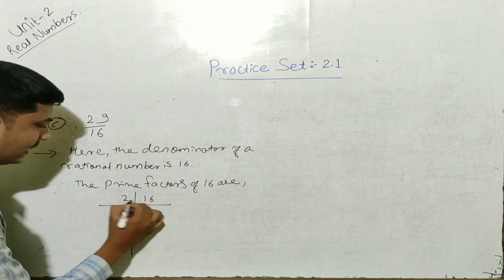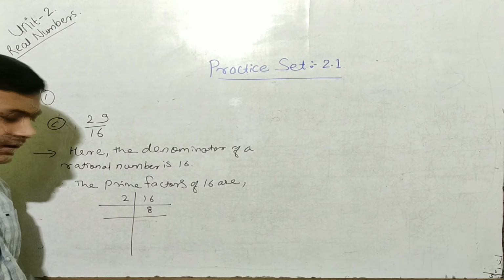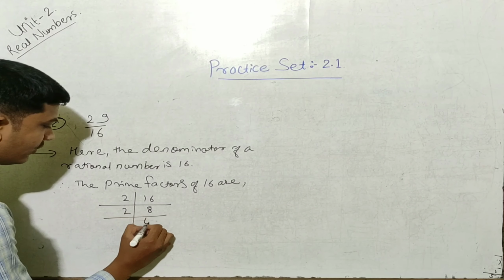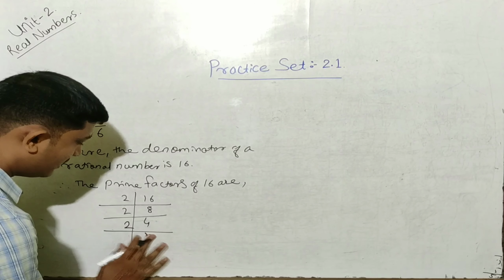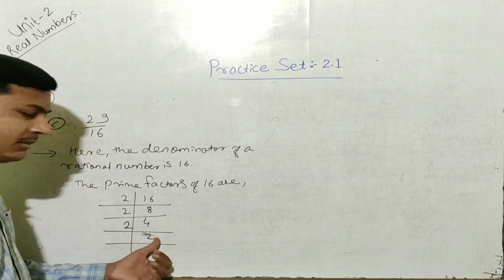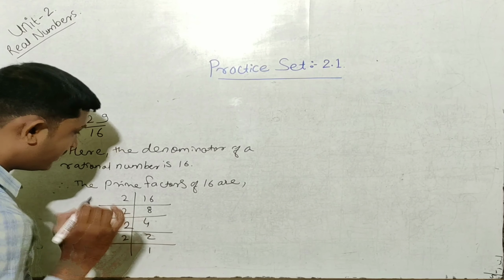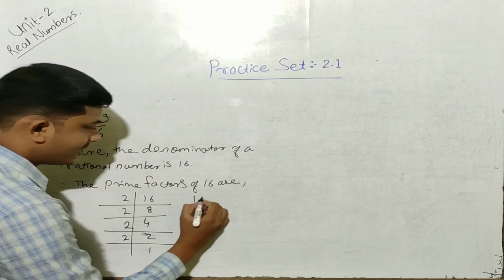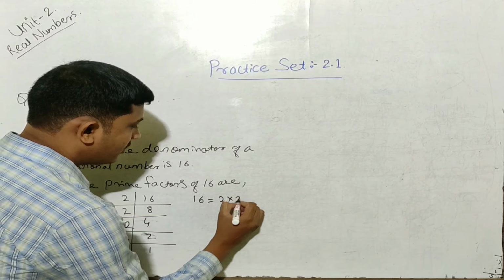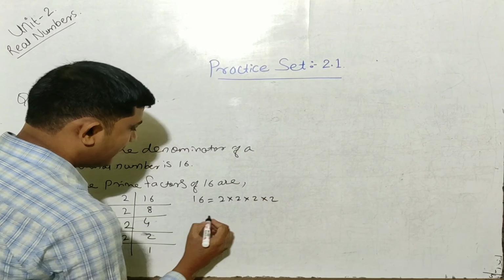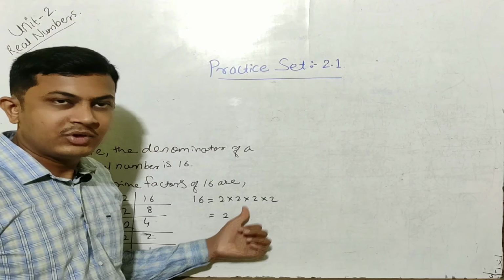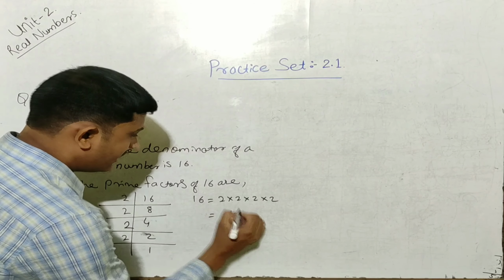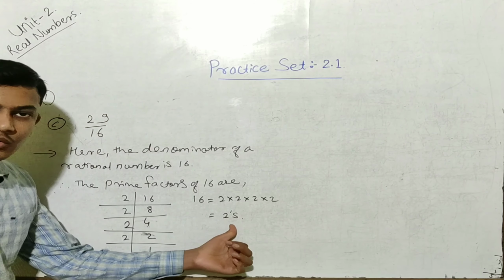It can be given as 2 into 8, we get 16. Again 8 can be given as 2 into 4. Then 4 can be given as 2 into 2. Then 2 can be given as 2 into 1. Therefore 16 can be given as 2 into 2 into 2 into 2. That is, here 2 is repetitive, that is we can say the prime factors are 2's.